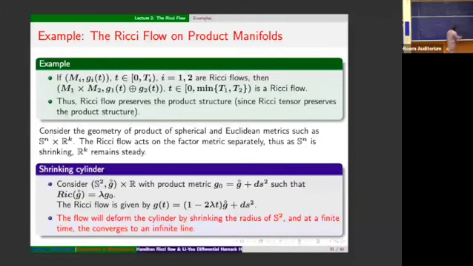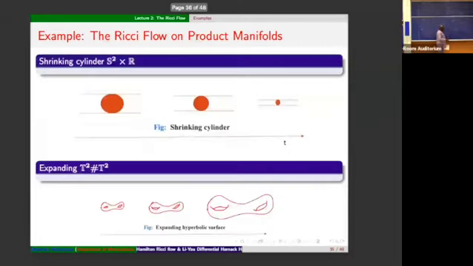So this is a shrinking cylinder. You can see the Ricci flow is keeping its own properties on the sphere and on the line. So that is the example I have here, the shrinking cylinder. I have the picture here.